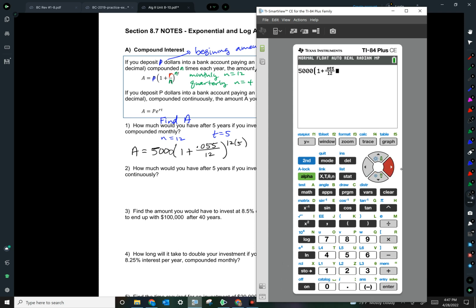Make sure you move your cursor out of the fraction, close your parenthesis, and then the exponent is 12 times 5. Enter. And so they're saying that if you invest $5,000 with all these conditions, you're going to end up with $6,578. Now, since this number represents money, we're going to round it to 2 decimal places. So we're going to say and 52 cents.